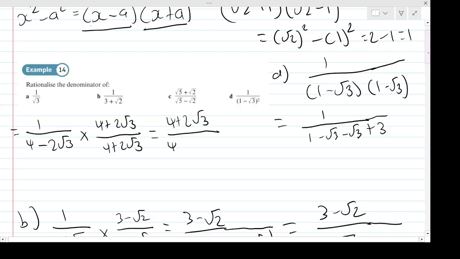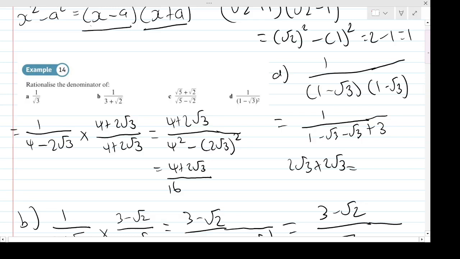I'm going to write this out explicitly this time because I have a 2 root 3, so it might be a bit complicated, but I'm going to say 4 squared minus 2 root 3 all squared, okay? Again, that's a difference of 2 squares. So then the top bit I can't simplify anymore. That's just 4 plus 2 root 3. Then I have 4 squared, which is 16. Then 2 root 3 squared. Remember, that's just 2 root 3 times 2 root 3.